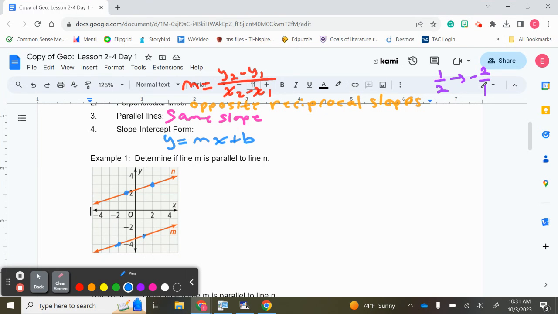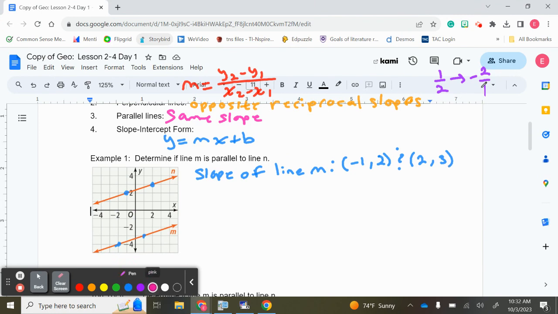So I need to find the slope of line M, which is going to be using the slope formula right here. I'm using the 2 points. Looks like -1, 2 and 2, 3.